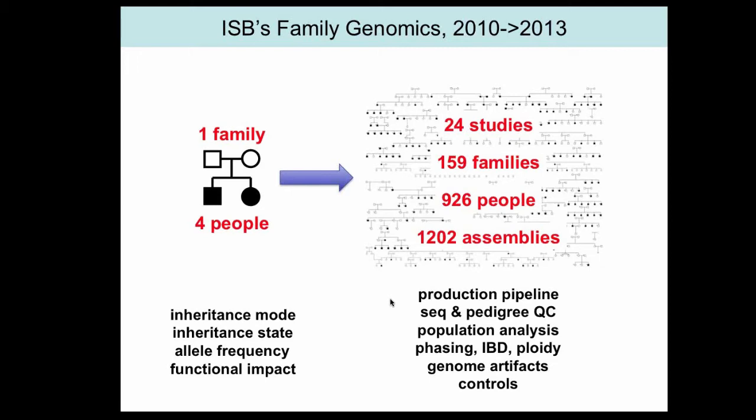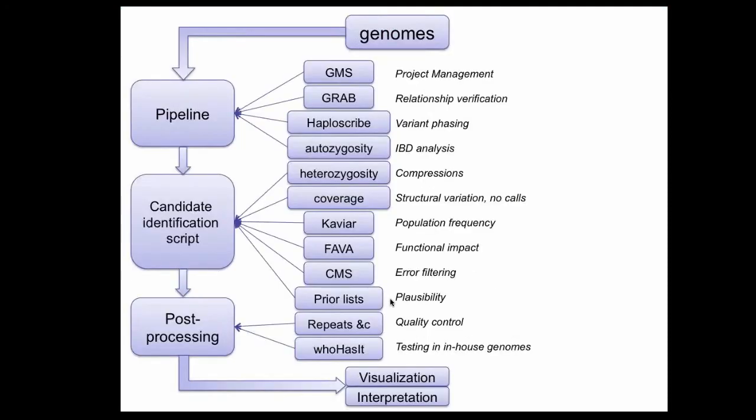This led to the creation of quite a big pipeline. This is a part of the pipeline, and the idea here is to develop a series of algorithms and tools to implement all these different kinds of concepts and analysis that we developed, ideally going from genomes to interpretation.